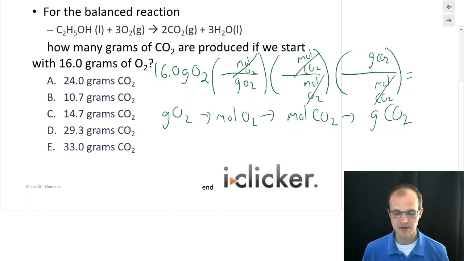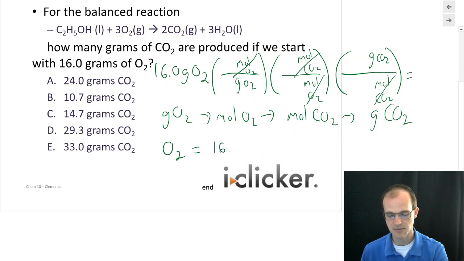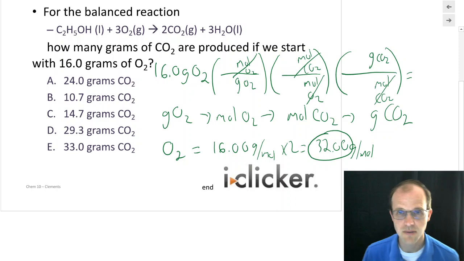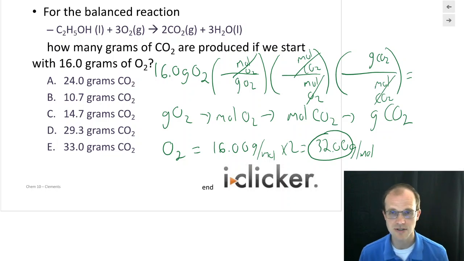Where do we get these numbers from? Moles of O2 and grams of O2, that's molar mass. O2 is 16.00 grams per mole times 2 is 32.00 grams per mole. Be very careful about those zeros. You do want to keep those zeros in there since they are part of the significant figures of your O2.